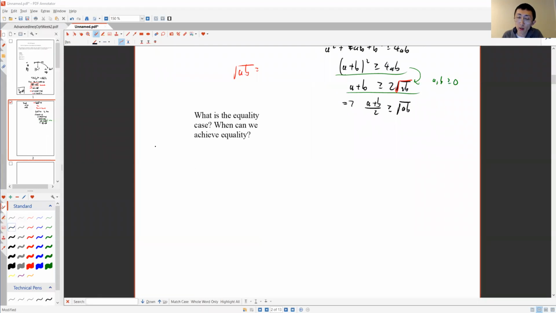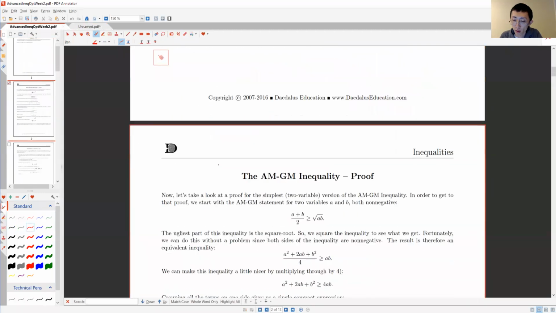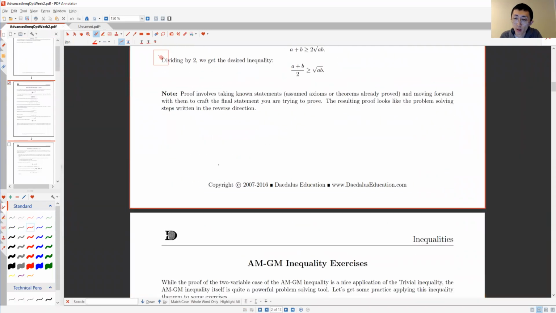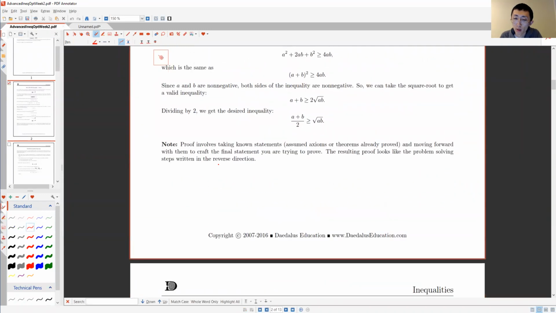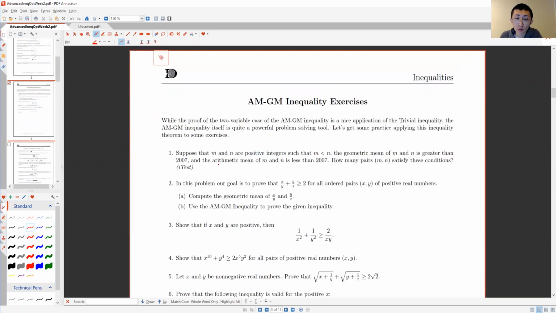Okay, so that proves the two variable case. Before we prove the general thing, let's just see when this is useful. So there are some problems. And in a lot of inequalities, you'll have to reverse your steps.